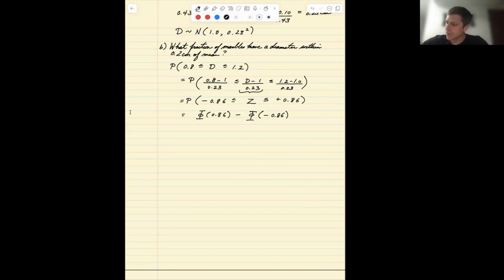All right, so just to visualize here, this is negative 0.86. This is 0.86. So we're interested in this green area.